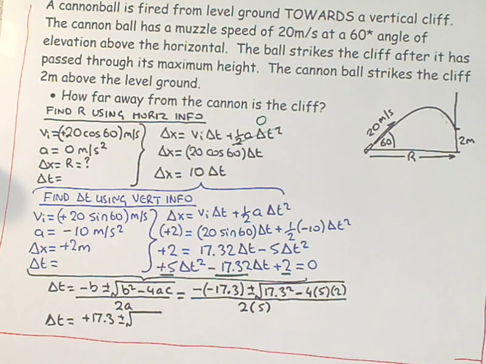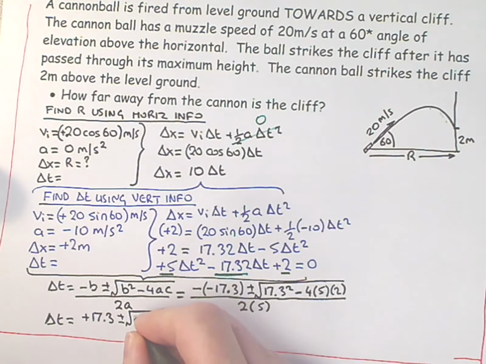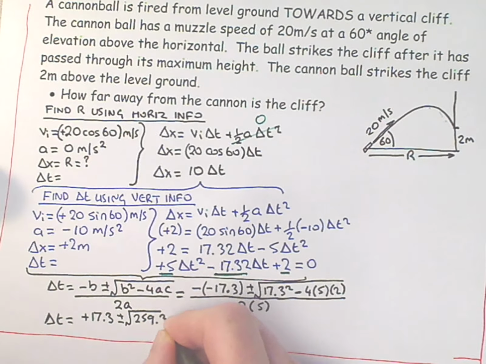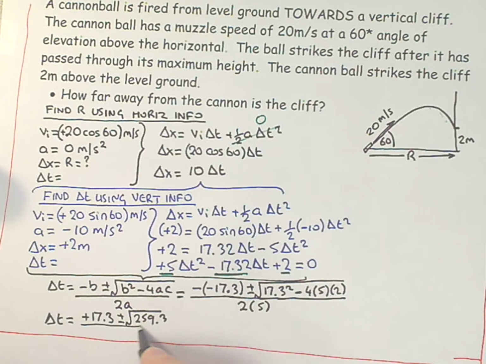So that's 40. So that makes 259.3, 259.3 all over 10.